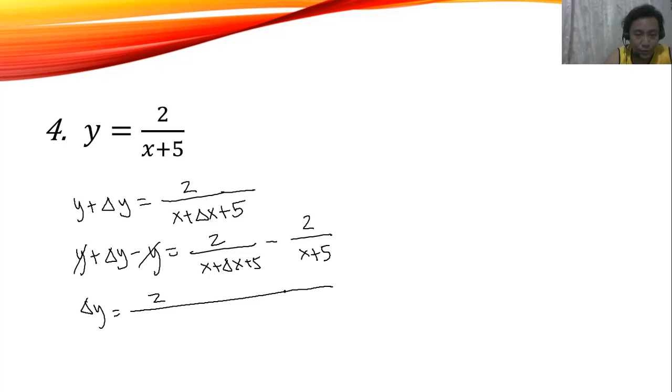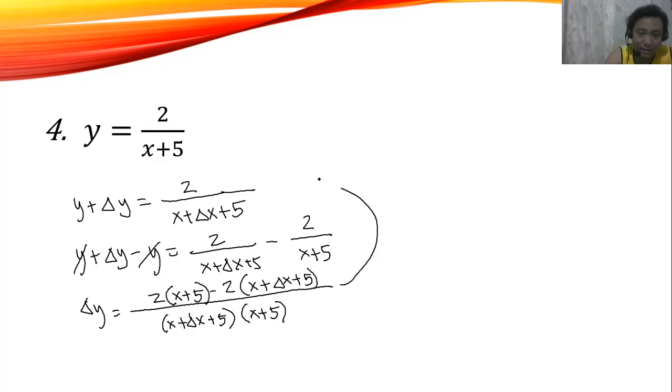So the LCD, since magkaiba sila, the LCD would be x plus delta x plus 5 multiplied by x plus 5. So the LCD divided by x plus delta x plus 5 is equal to x plus 5 multiplied by 2 is equal to 2 times x plus 5 minus the LCD divided by x plus 5 is equal to x plus delta x plus 5 divided by 2 is equal to 2 times x plus delta x plus 5.